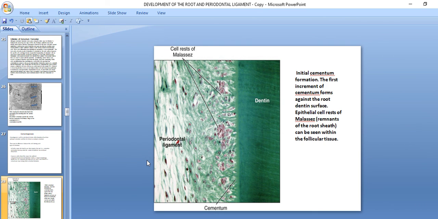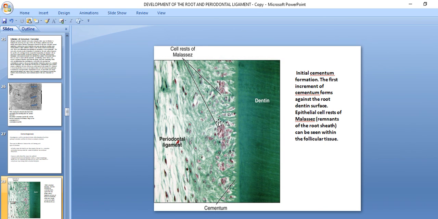With advancing root formation, the Hertwig epithelial root sheath migrates slightly further in the apical direction. Coronally, it continues to disintegrate, but not entirely. A loosely woven mesh of epithelial strands persists, and thins out ever further.